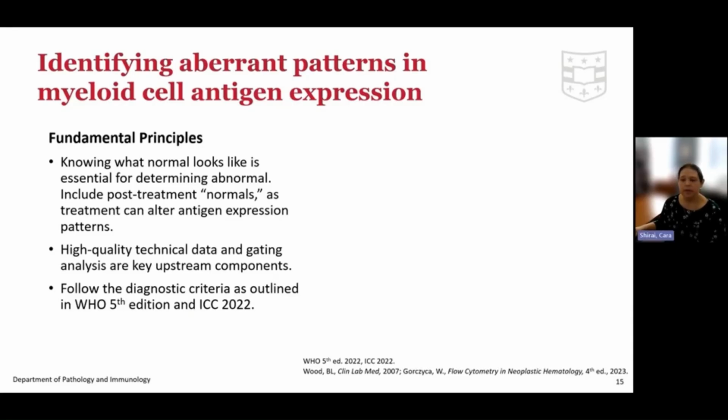High-quality data is also essential for identifying normal, as artifacts of bad processes or poor gating analysis can complicate or even compromise your interpretation. Finally, I recommend following WHO and ICC guidelines for incorporation of flow cytometry findings into any final diagnosis.